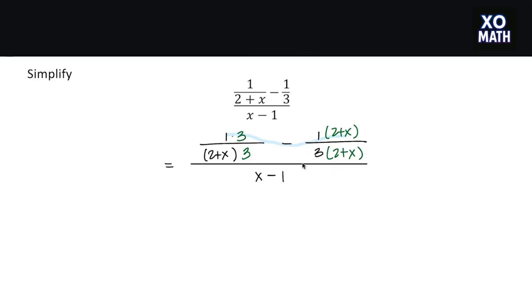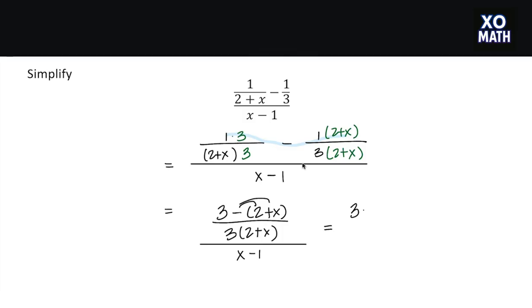We can subtract across the numerator and create one fraction here. So we're going to have 3 minus the quantity 2 plus x all over 3 times the quantity 2 plus x, all over x minus 1. Now I'll distribute the negative in the numerator.